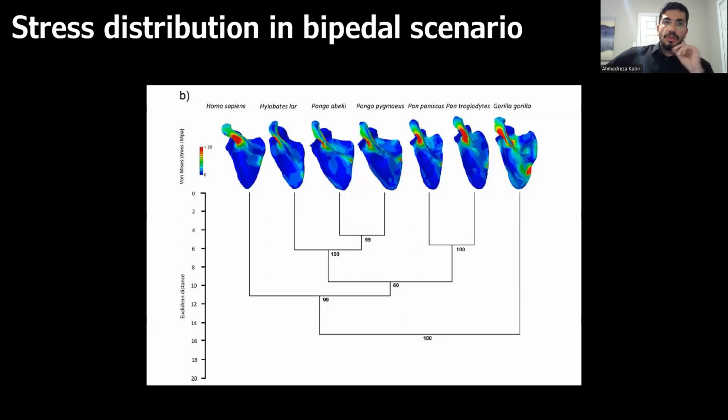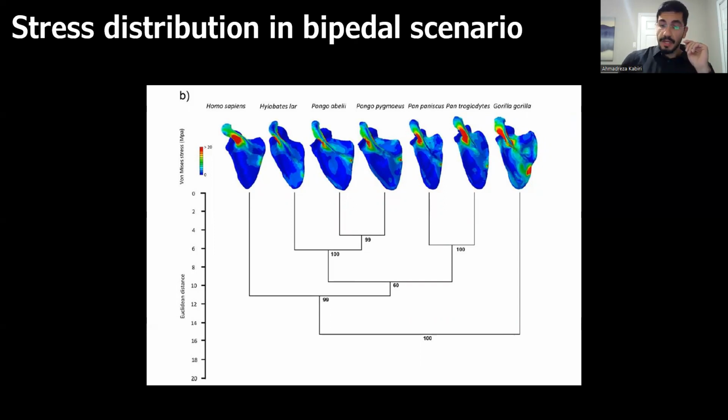They were looking at stress distribution of two different loading scenarios on primates, which were either bipedal and quadruped, arboreal or terrestrial primates.